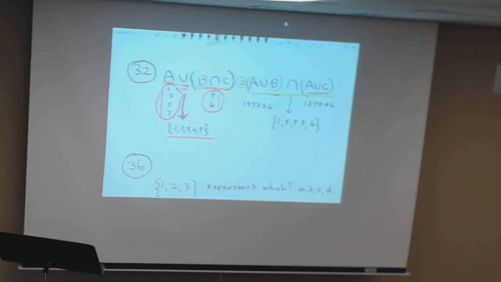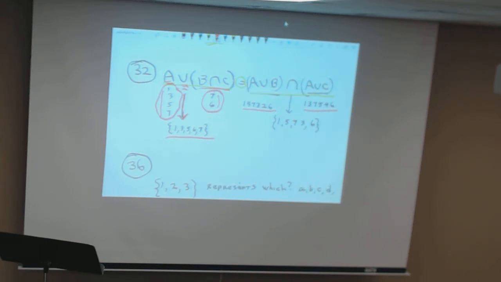Let's come over here. What's the union of A and B? A and B, 1, 5, 7, 3, 2, 6. And what's the union of A and C? A and C, 1, 3, 7, 5, 4, 6.